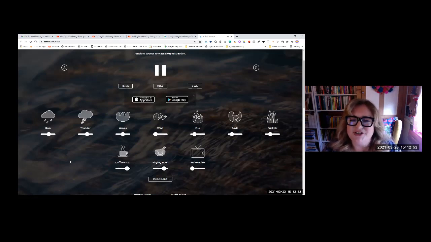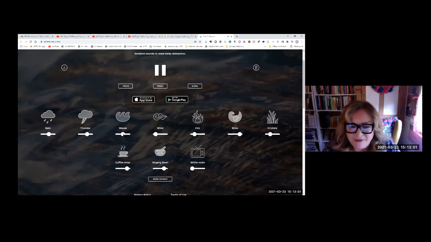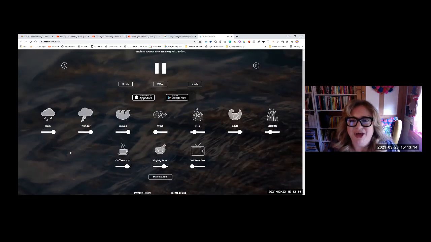So this has all sorts of stuff on here that you can make your own sound. We've put them really loud now, but we can work out the timer. Thank you.